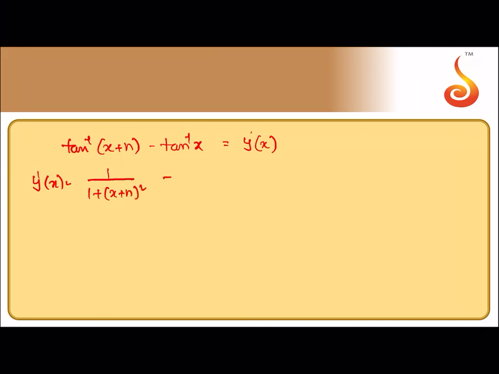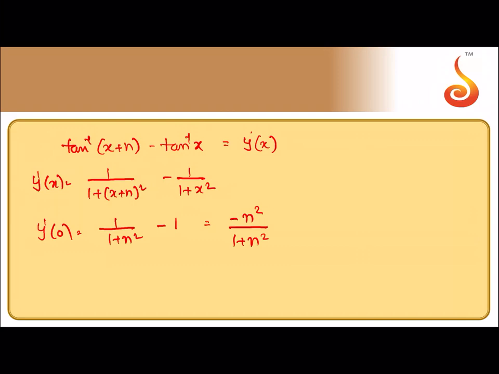So we get tan inverse (x plus n) minus tan inverse x is equal to y(x). So y dash x will give you 1 by 1 plus (x plus n) whole square minus 1 by 1 plus x square.